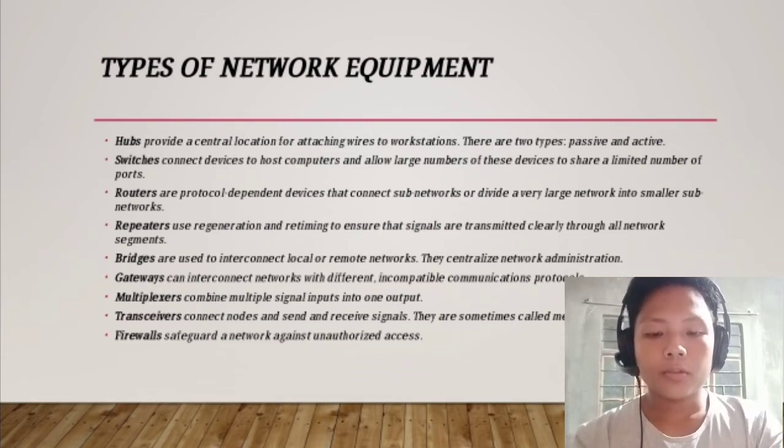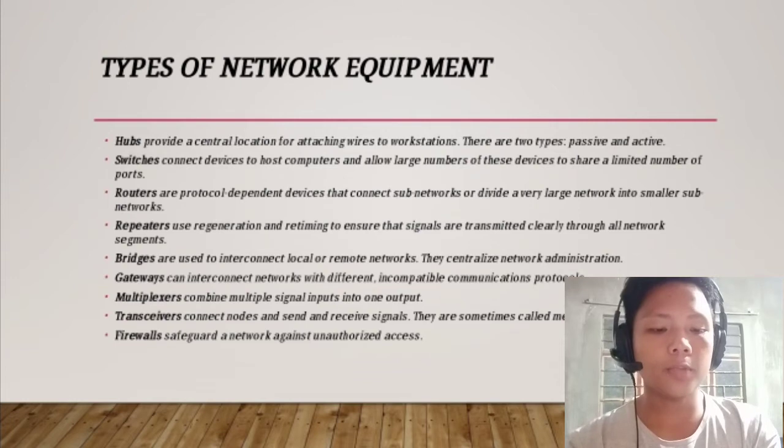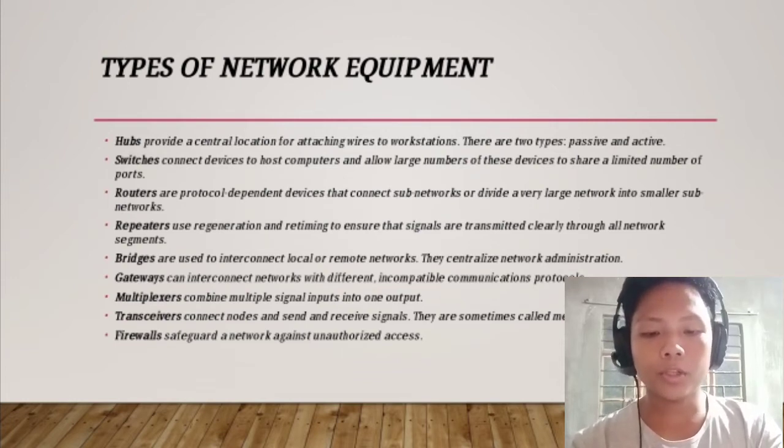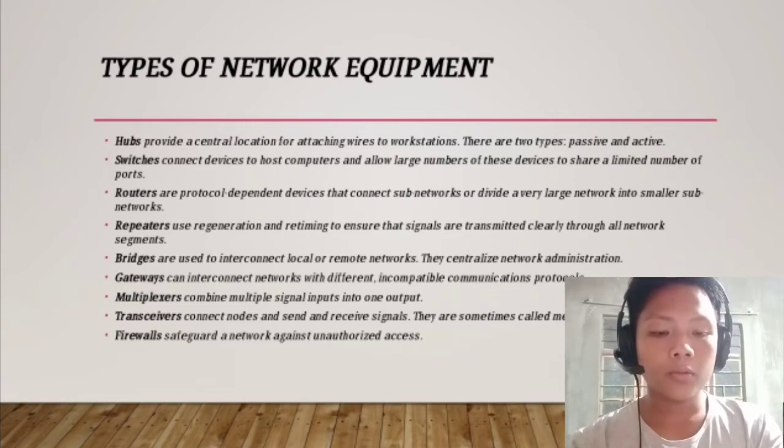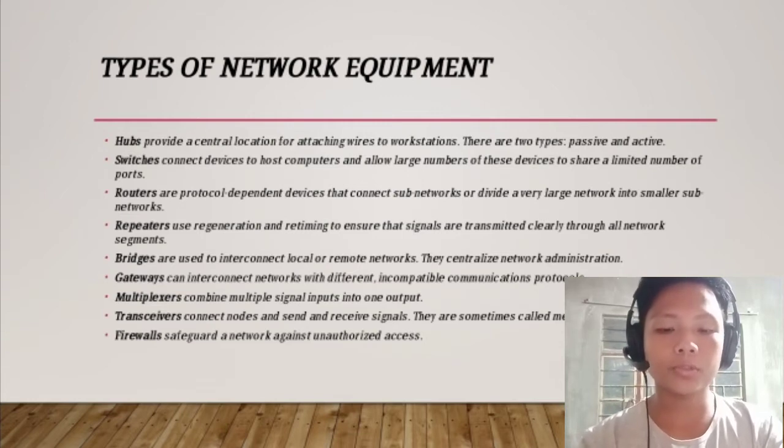Switches connect devices to host computers and allow large numbers of these devices to share a limited number of ports. Routers are protocol-dependent devices that connect subnetworks or divide a very large network into smaller sub-networks.